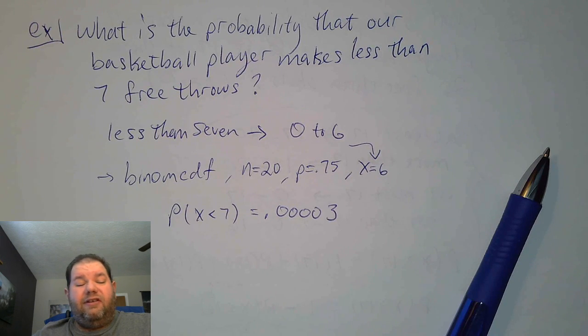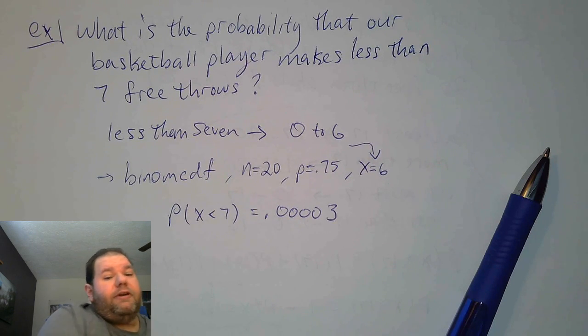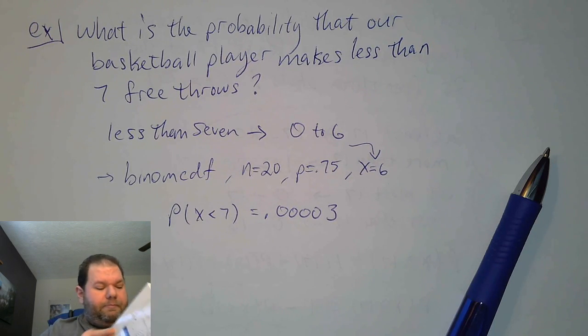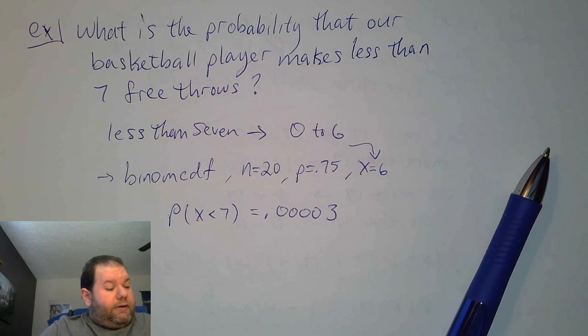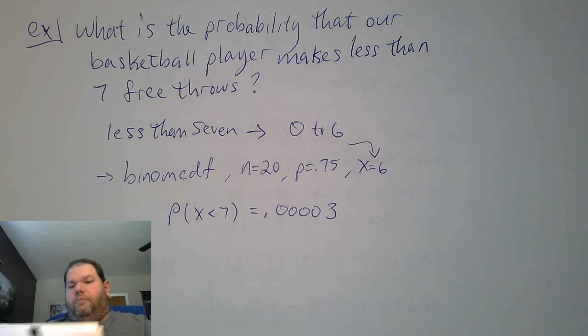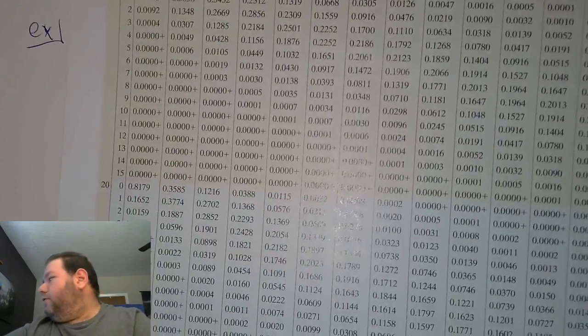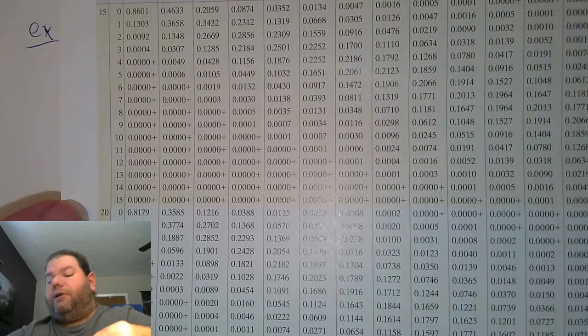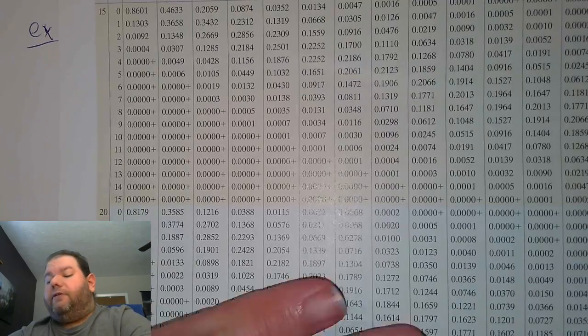Now, this is going to be approximately 0, and probably what we'll see in the textbook. Actually, let me show you, because I have my suspicions here. I already closed the book again, so I have to find it. Okay, so we have n is 20. We're making sure we're looking at this bottom table here.